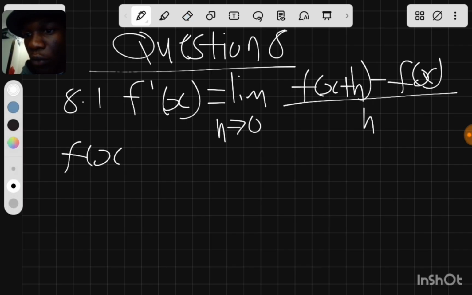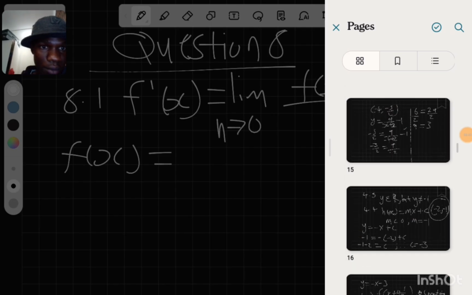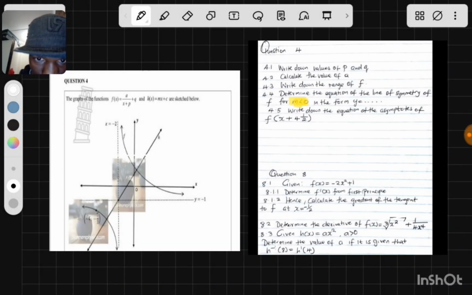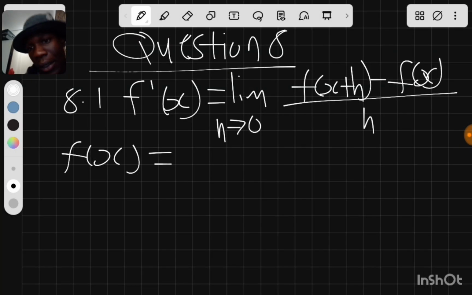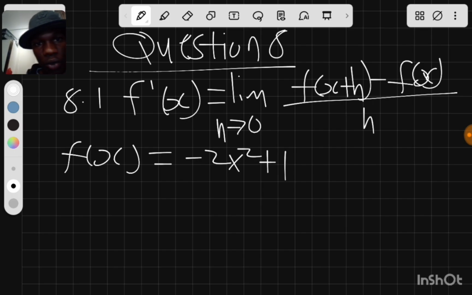If we check the question, we are given our f of x there. Our f of x is minus 2x squared plus 1.